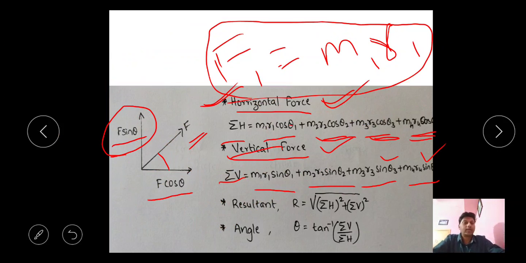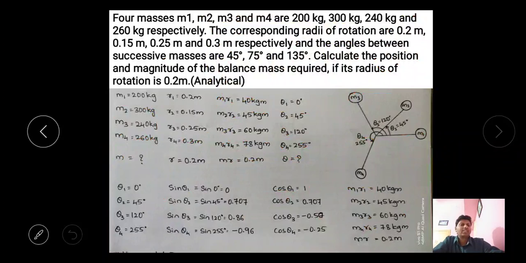So we are finding the resultant mass R, which is equal to the square root of delta H square plus delta V square. And then we are finding the angle. What is the angle?